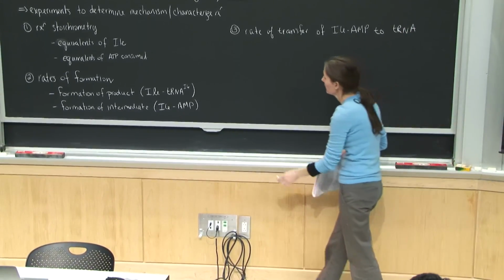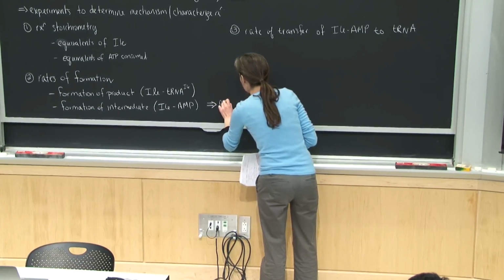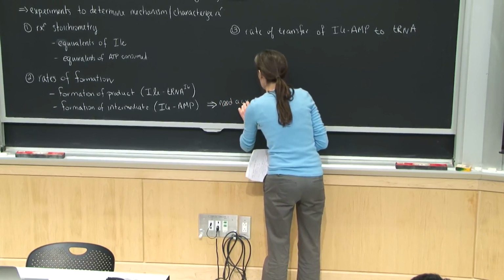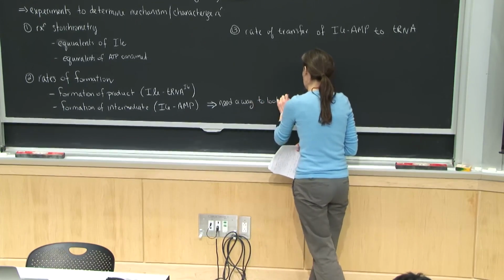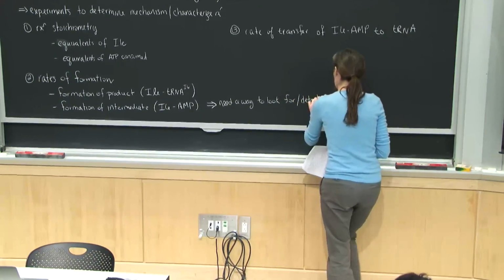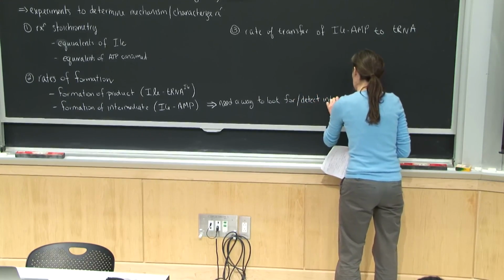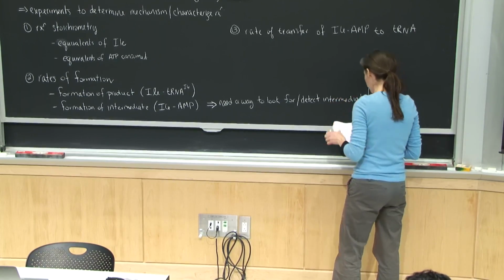Okay. So what this tells us is that we need a way to look for or detect the intermediate here.